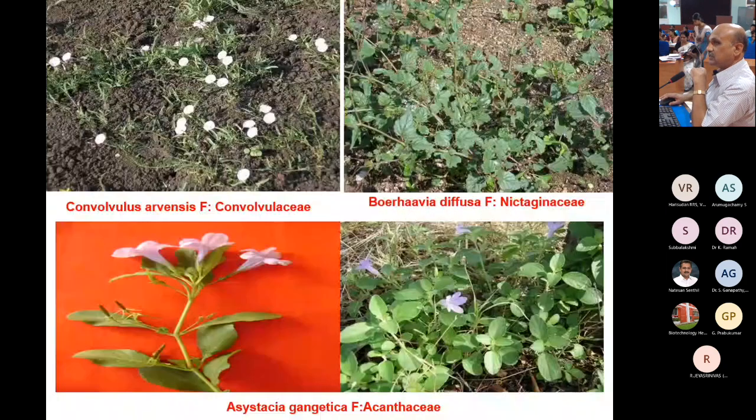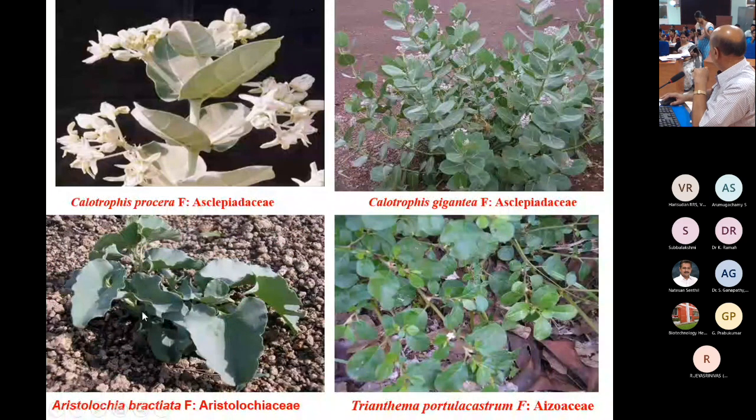One more thing, this particular weed is very much seen in dry regions, in dry parts of Karnataka, this and Chrozophora rottleri. These two weeds are very much seen, but when you use herbicides, these two weeds are not at all controlled. No effect of herbicides on these weeds.